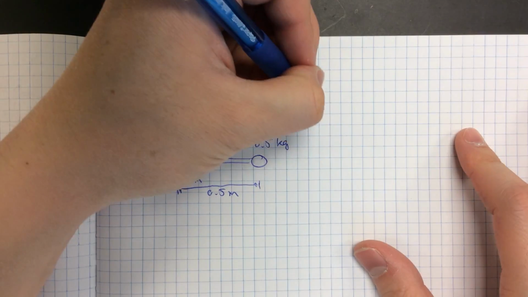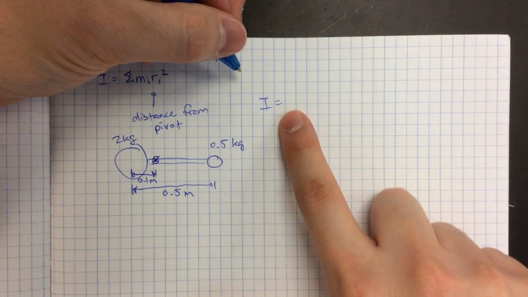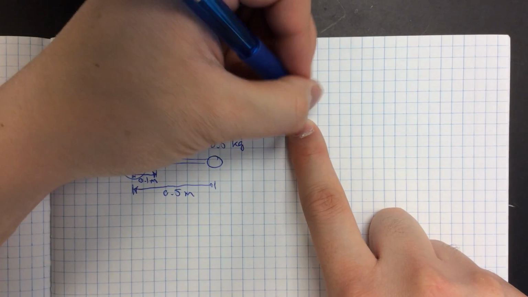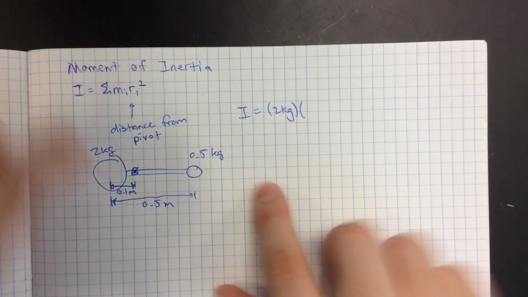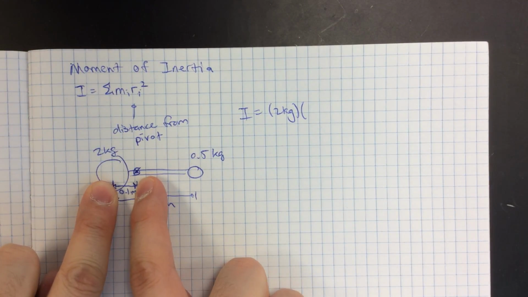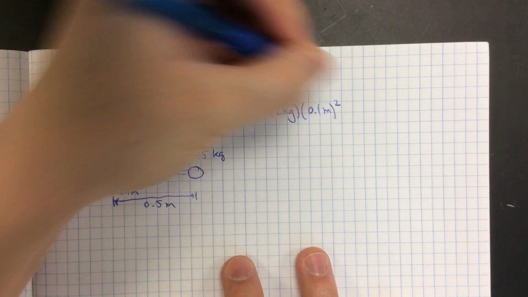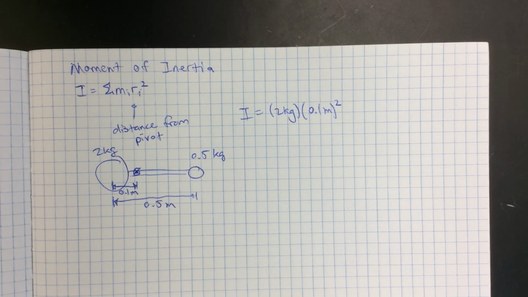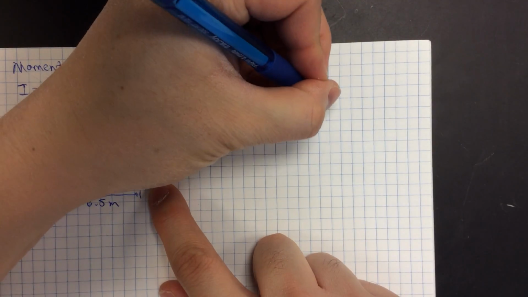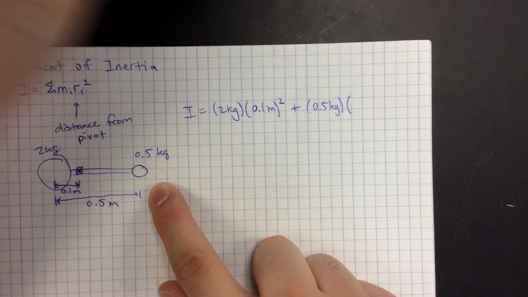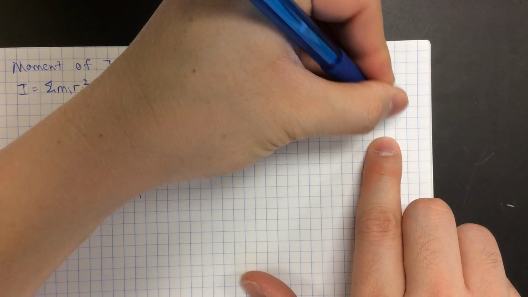Okay, so if we measure the moment of inertia of this system, you would have 2 kilograms times its distance from the pivot, which is 0.1 meters squared, plus this mass times its distance from the pivot, which is 0.4 meters squared.